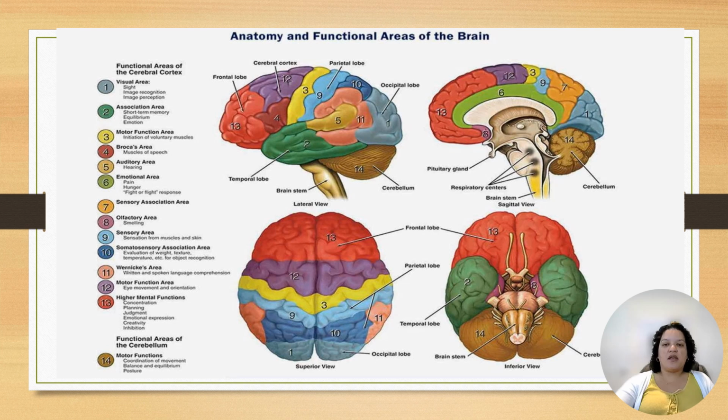This is a medial view of the hemisphere. So you're not looking at the side profile, which is the lateral view. You're looking at the medial view. And this is the cingulate gyrus that is surrounding the corpus callosum, which is the interconnection between hemispheres, or the network between both hemispheres.